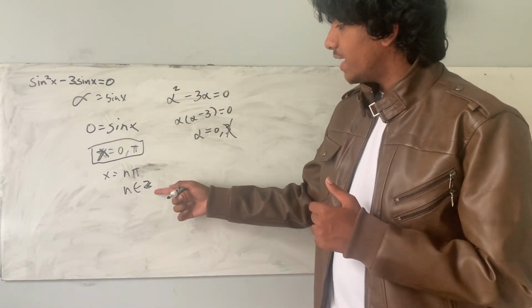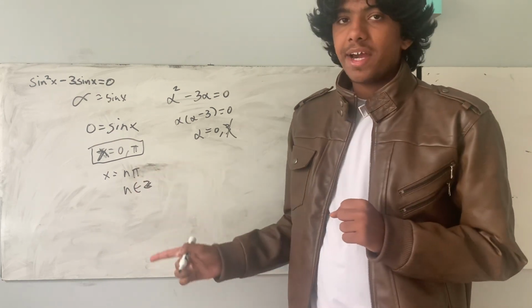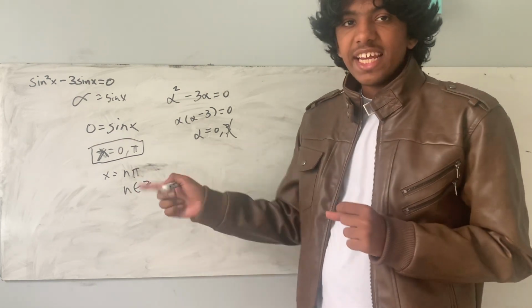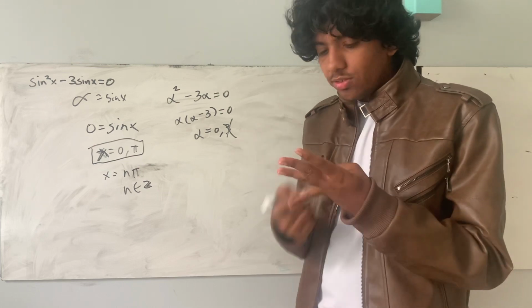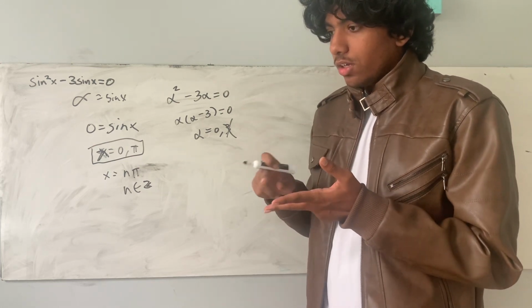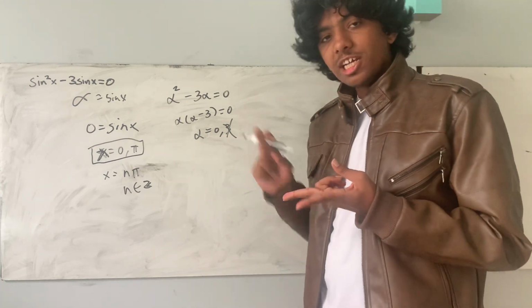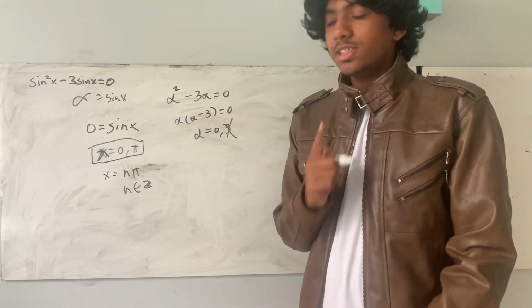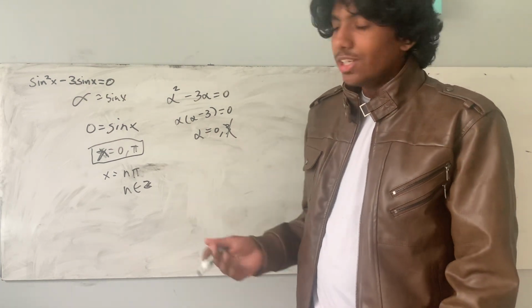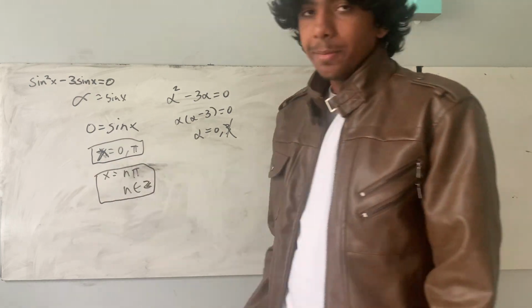Basically, that means for all integers, you can multiply by pi, and that would be a solution. Any integer you can name, 0, 1, 2, 3, 69, 400, 1342, if you multiply it by pi, that will be a solution. It's fancy notation, but that's another way you can represent solutions.